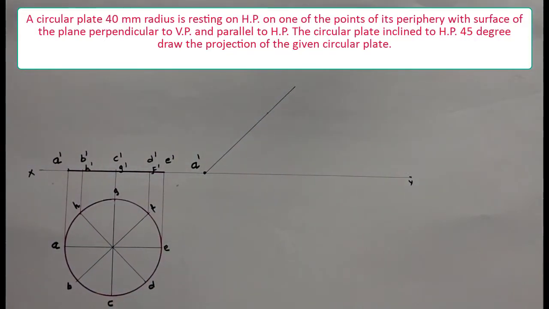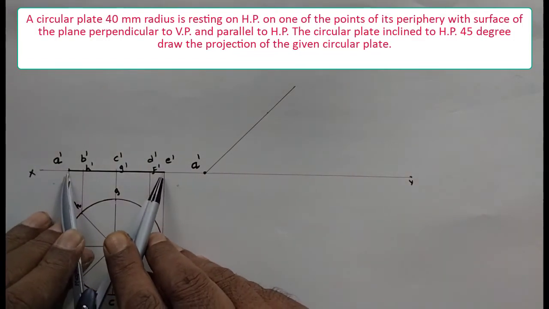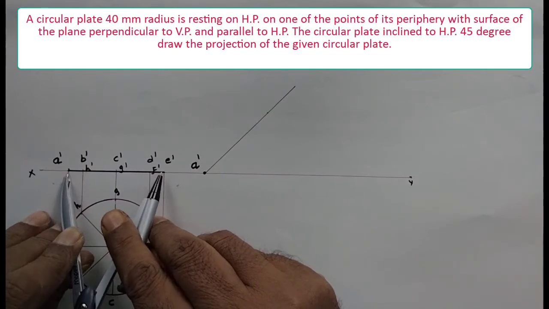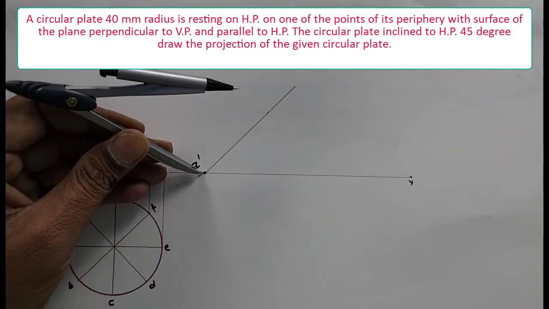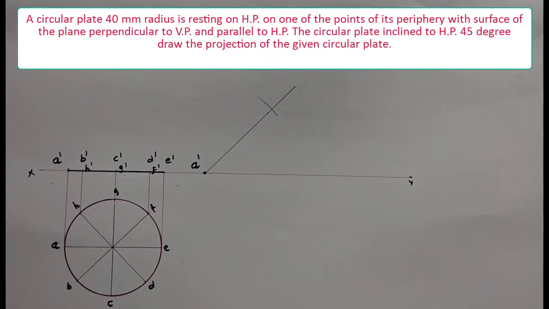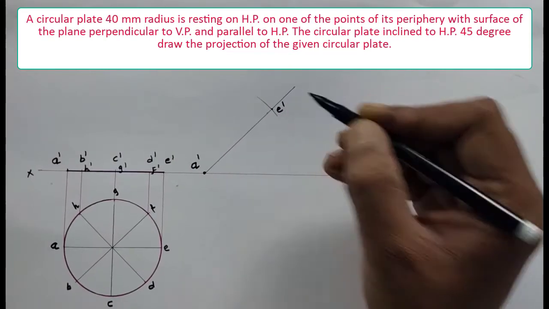On this inclination, we are going to arrange our true length of the first stage elevation. So I take the radius A dash to E dash, with center A dash, I draw the arc. So this is my E dash point.